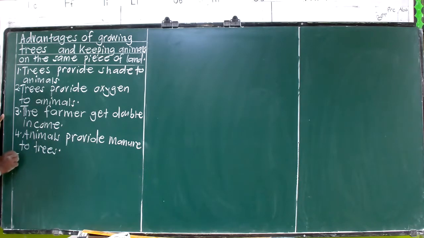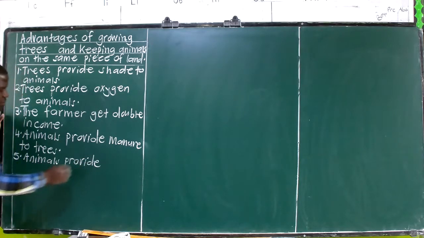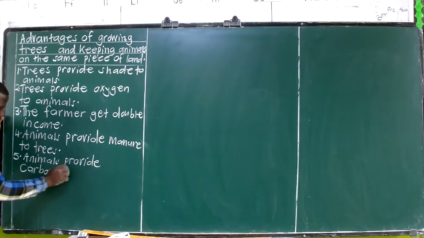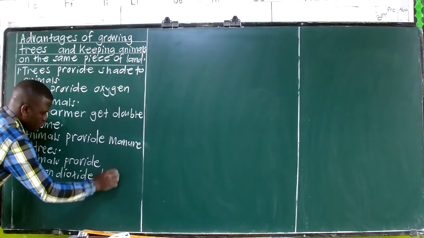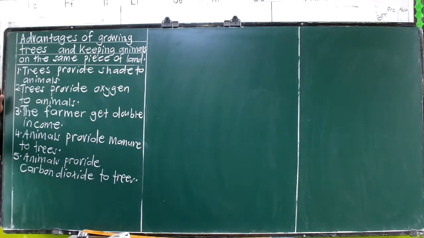Then animals also provide carbon dioxide to trees. So that's how trees benefit.